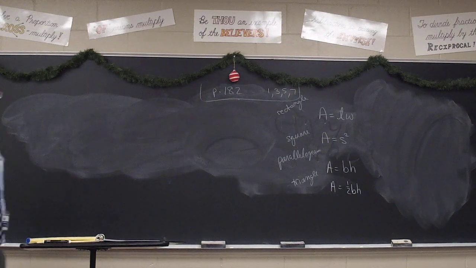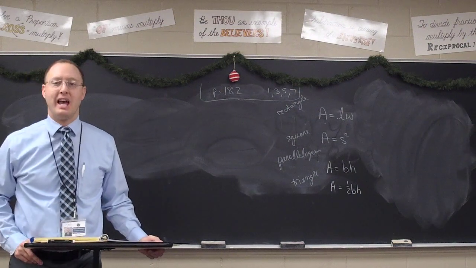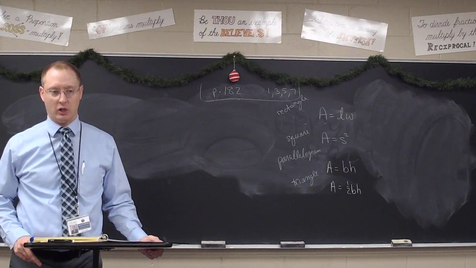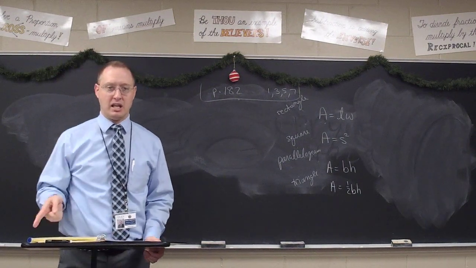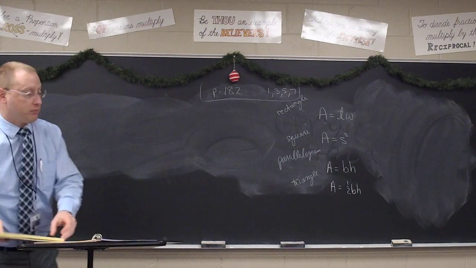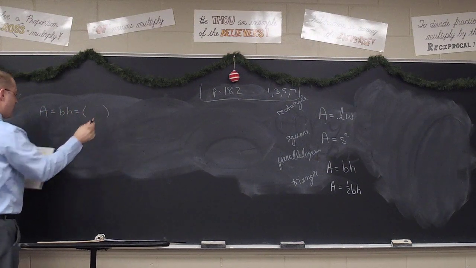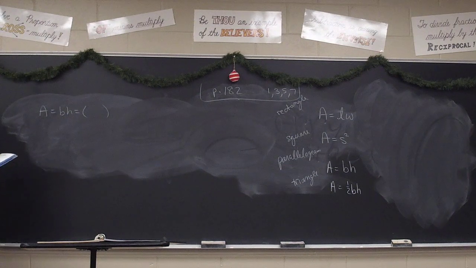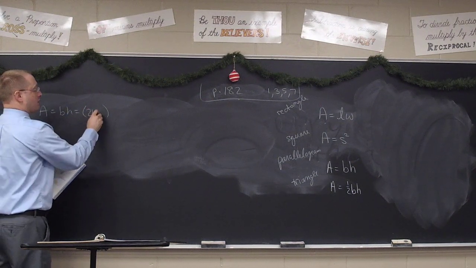All right, pencils down. Even if you're not finished with these, let's take a look. Number one, first of all, what shape do we have here, class? Parallelogram. Class, say with me, what's the formula for the area of a parallelogram? A equals BH. So we plug in those numbers. In for the base, we're going to plug in what, Jalen? 21 hectometers.